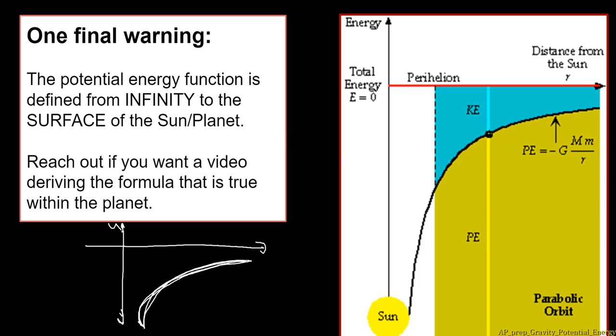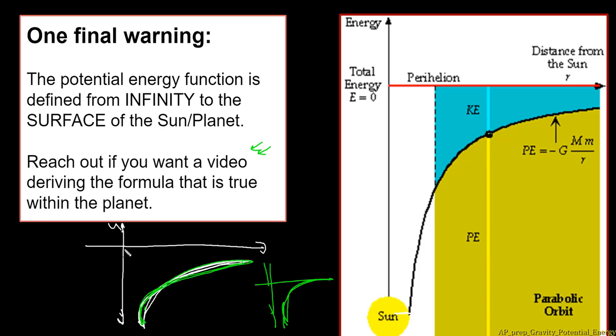For reasons that are complicated, reach out if you want a video. They did put that on the AP once, but don't fall into the trap that this function, a regular inverse function, would be what I had earlier, where it asymptotically approaches the y-axis. This function stops at the sun. It actually is linear. I'll just tell you that now in case. So there's a linear relationship.